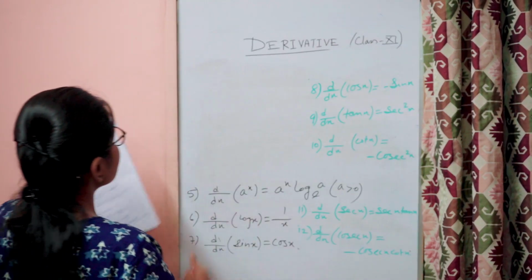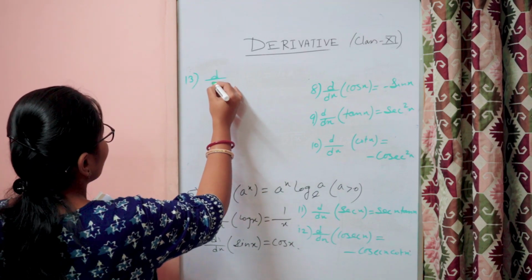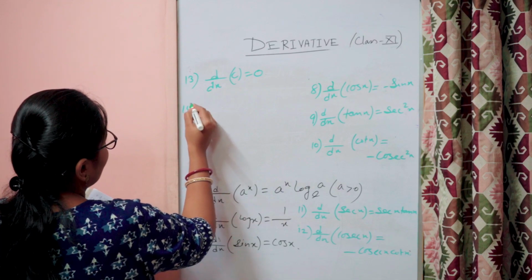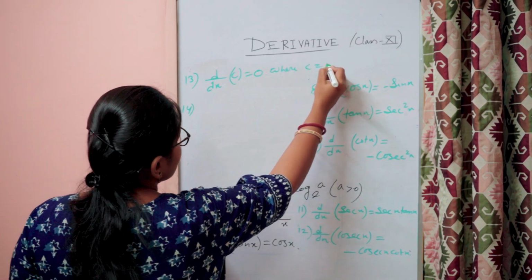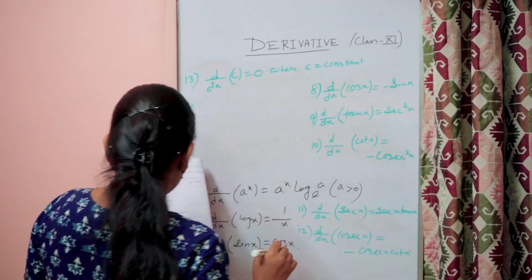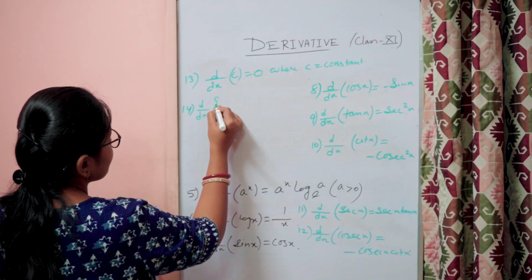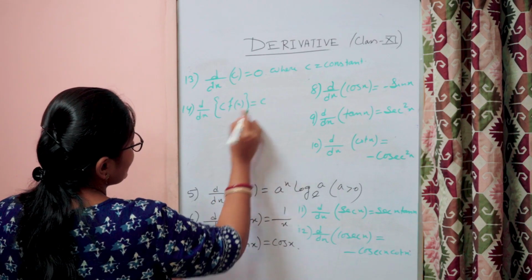Now next formula is the derivative of any constant value. If you take the derivative of any constant value, that is always 0, where c is equal to a constant. Now d/dx of c f(x) is equal to the constant will come out.